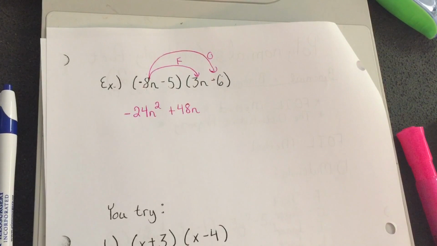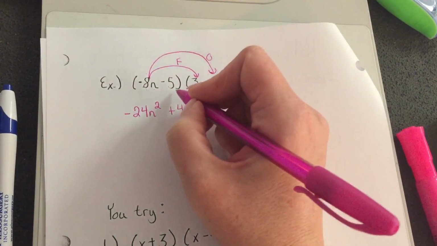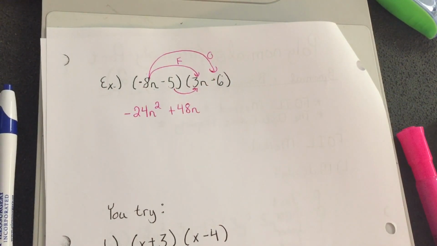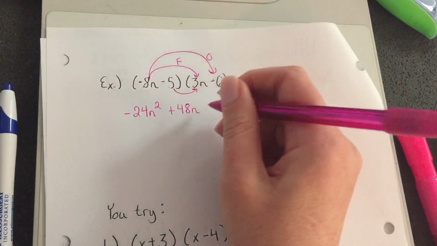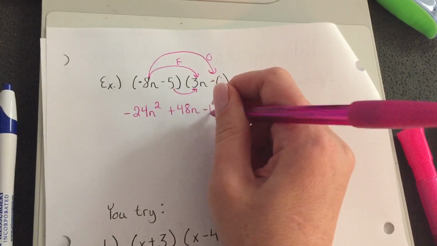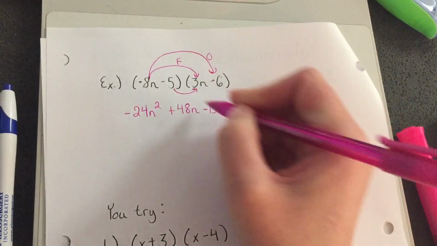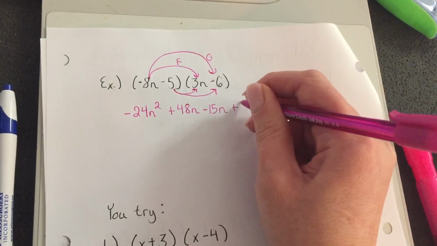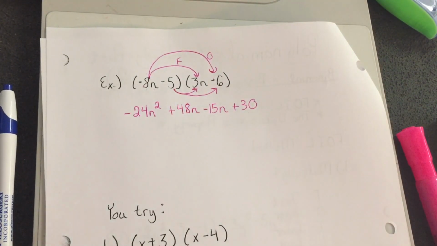Then we're going to take the inside term, negative 5 times 3n, which gives us negative 15n, and then negative 5 times negative 6, which is a positive 30.